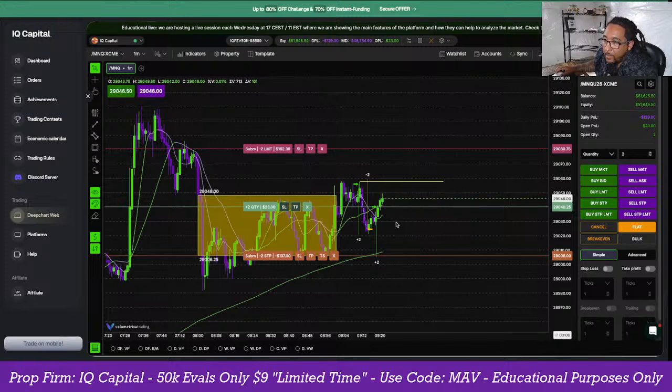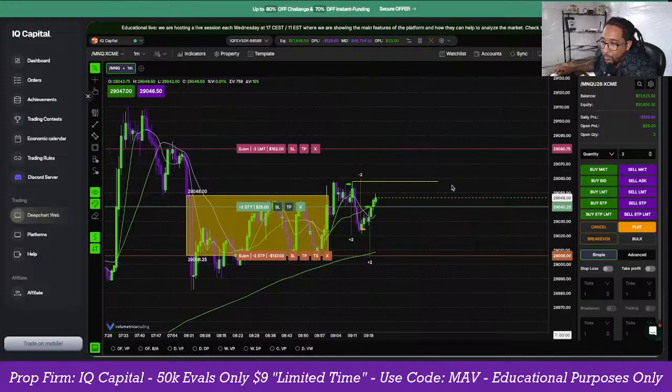And now we're going up, slowly but surely, to maybe sweep these highs here. Hopefully market open may catch some volatility to the upside before heading downward.